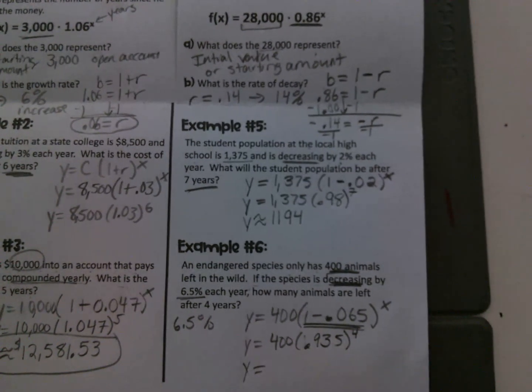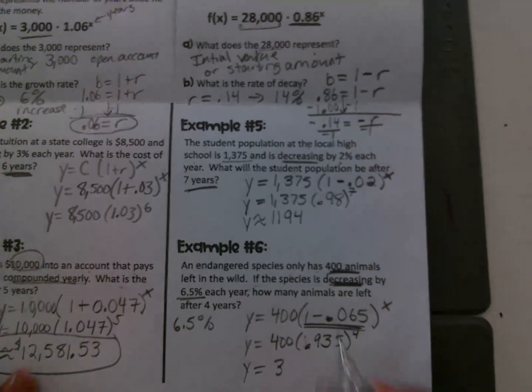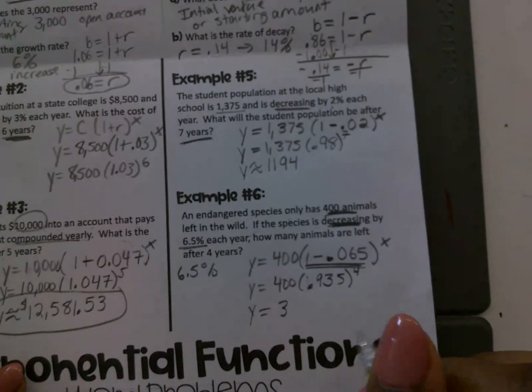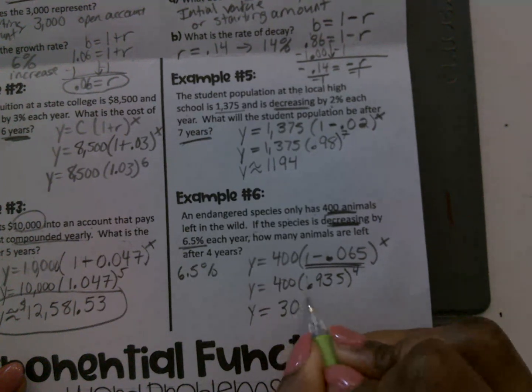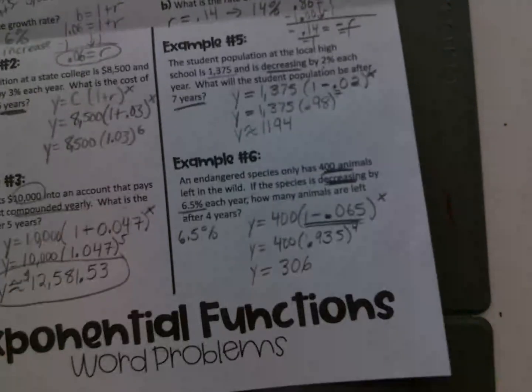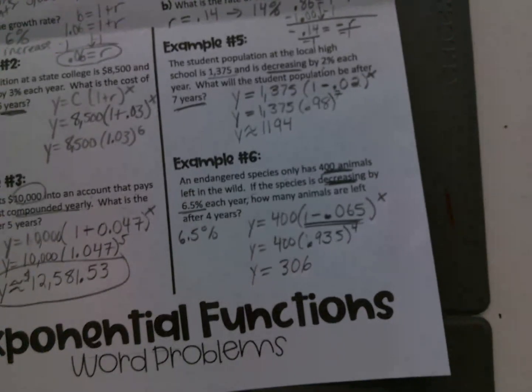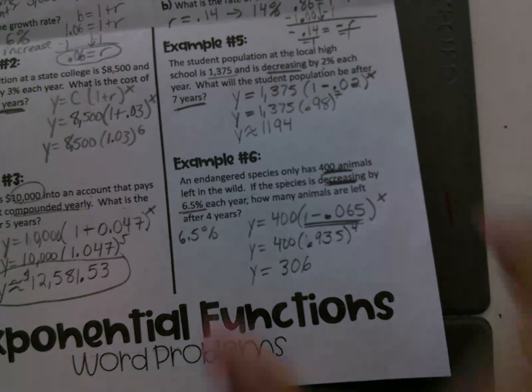Okay, so we're talking about animals. You cannot have part of an animal. So how many animals is this? Because we can't have part of it, huh? 306. Or what's the decimal afterward? I forgot. Okay, so 306. All right, any questions? Please paste this in your notebook. This is page 4.